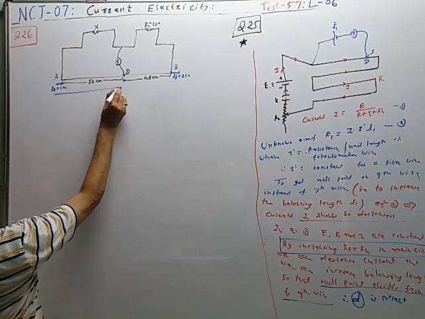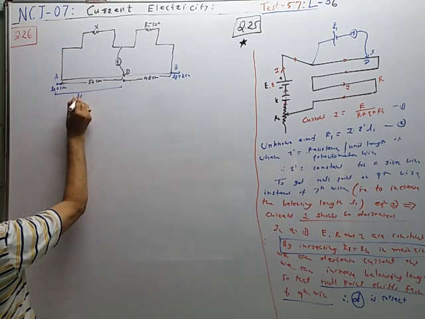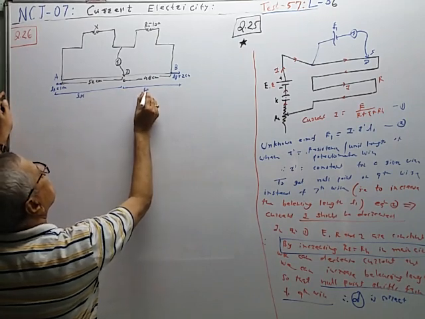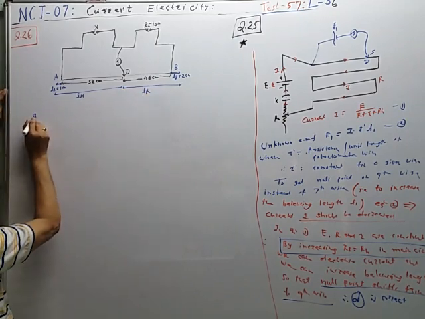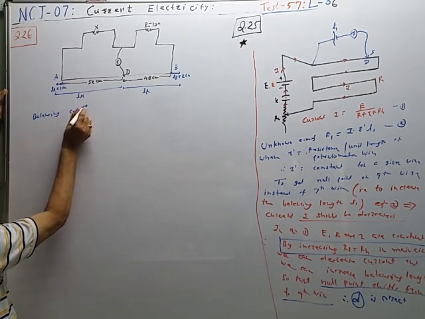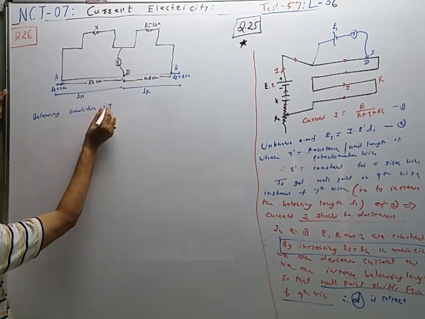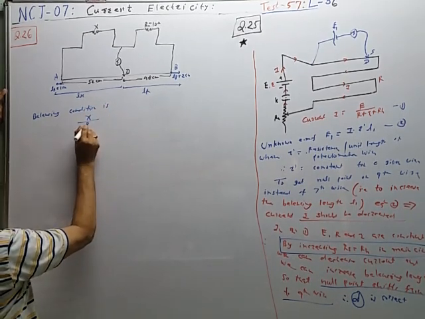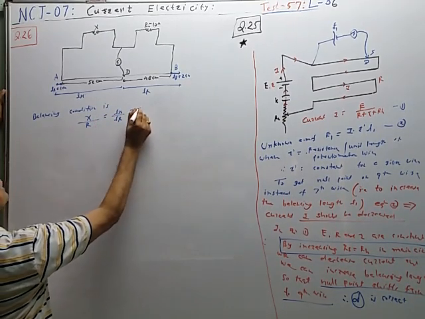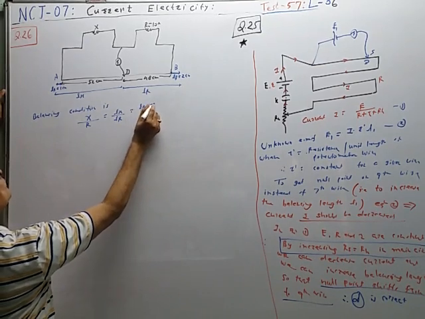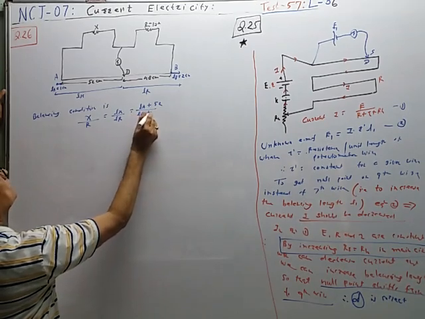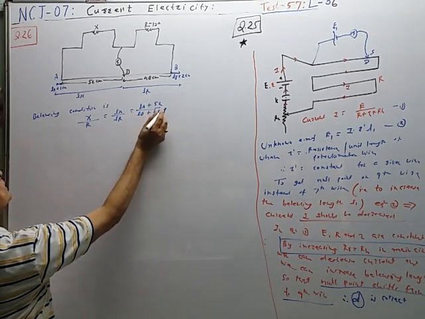So total Lx is this. Total Lr is this. Balancing condition is X upon R is equal to Lx upon Lr. Lx is equal to LA plus 52 centimeter. Lr is equal to LB plus 48 centimeter.